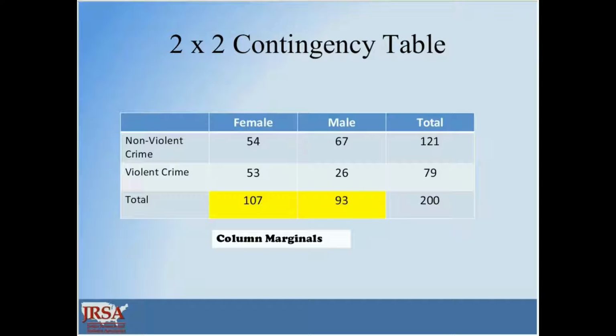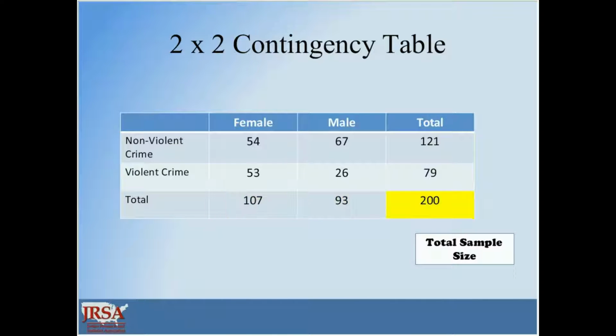Here, again, you can see the column marginals at the bottom of the table. These correspond to the total number of cases found in each of the column categories. Again, the sum of the column marginals equals the sum of the row marginals, which equals the total sample size, which is 200.